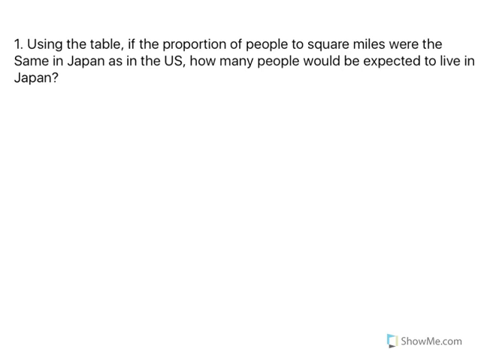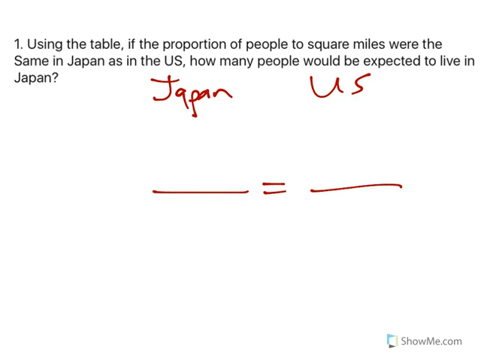Okay, let's go to number 1. Using the table, we're playing that what if game that we talk about with proportions. If the proportion of people to square miles were the same in Japan as in the U.S., okay, so we are comparing Japan to the U.S., and we are talking about population density, so we're talking about people to square area, how many people would we expect to live in Japan?